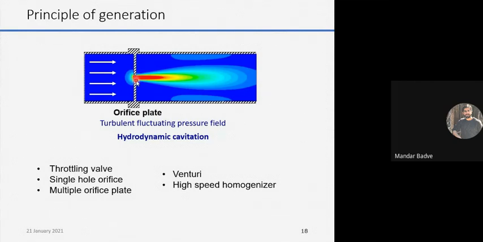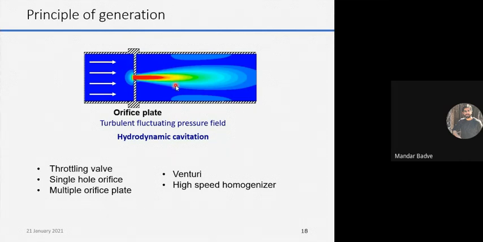And then what happens is here your area again suddenly is increasing. So as your liquid travels further, the pressure recovers, right? So here your pressure is very low. Let's assume it reaches a vapor pressure. Because the liquid reaches vapor pressure, the boiling takes place, and because of the boiling, you get very small vaporous cavities. And when the pressure recovers, this cavity collapses, right?